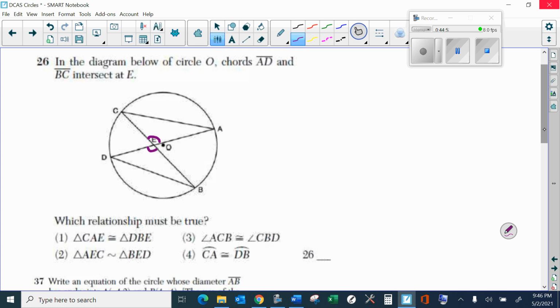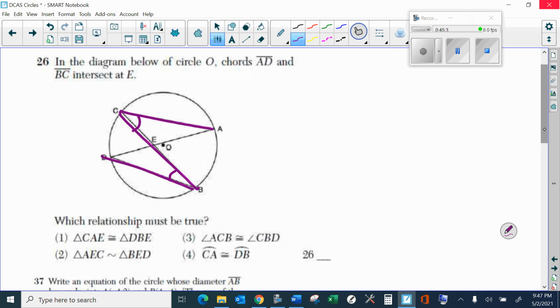We know that triangle CAE and DBE, angle AC, B, this angle right here is going to be CBD. Okay, that must be true.